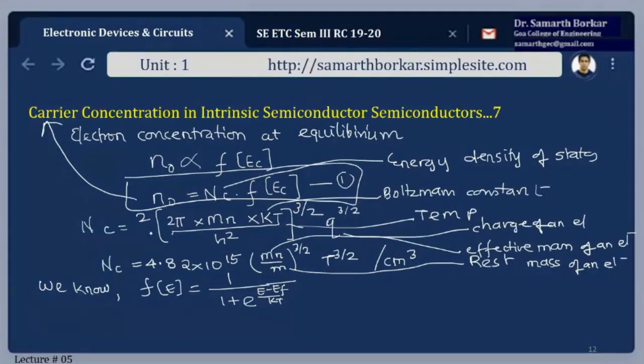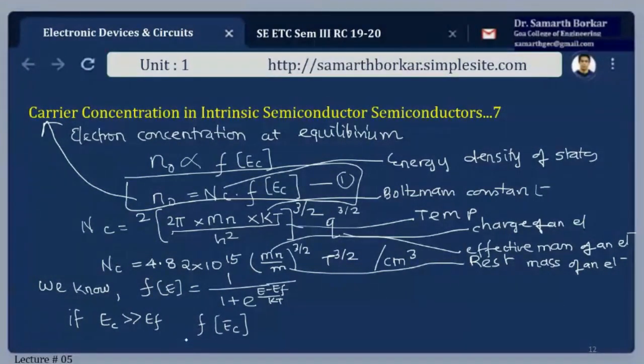concentration of electrons. Now, if EC is greater than EF, then f of EC, the energy level in the conduction band. Energy in the conduction band is greater than Fermi because the conduction band lies above the Fermi level, which is at the center.